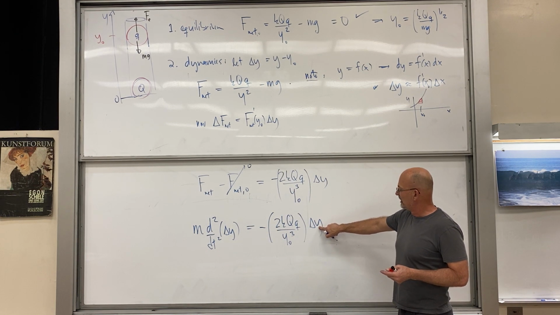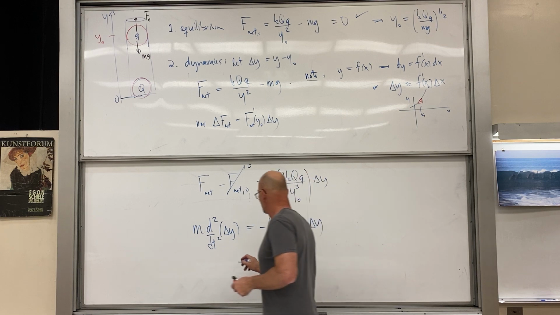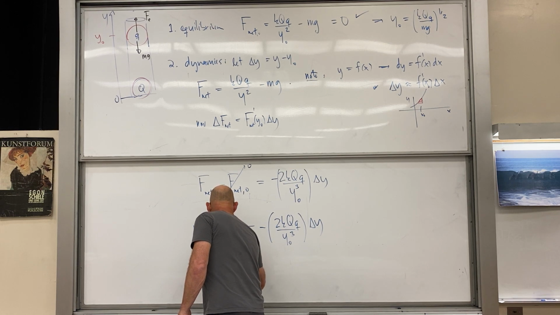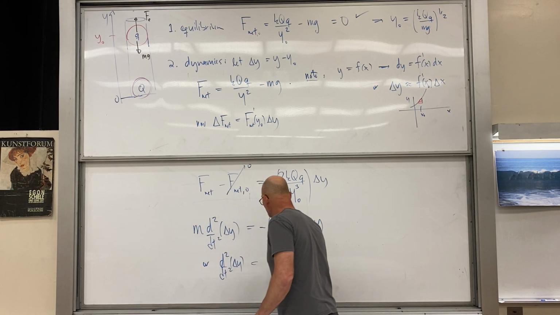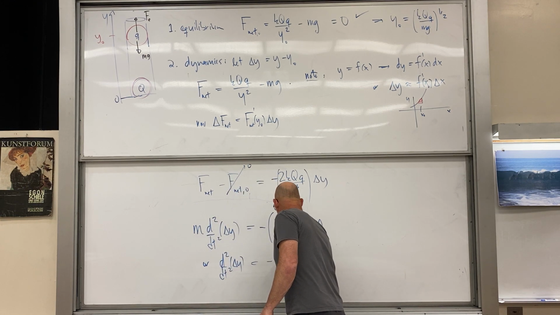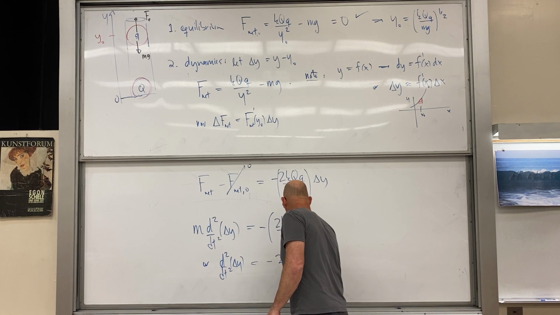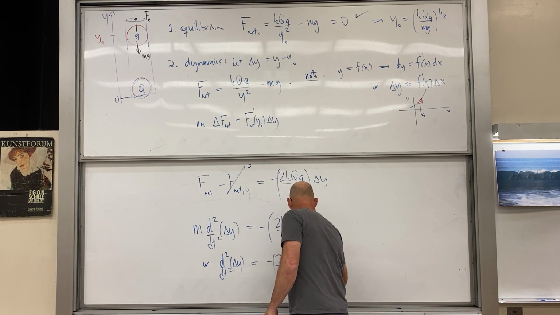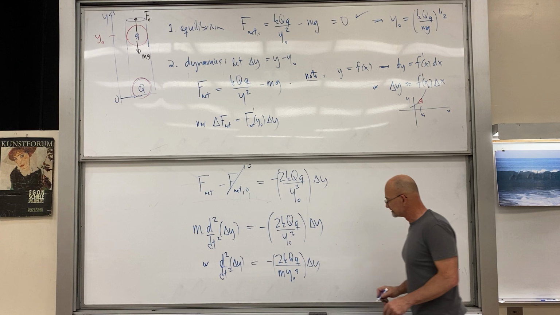So d squared dt squared of this delta y is equal to minus 2kQq over m y0 cubed times delta y.